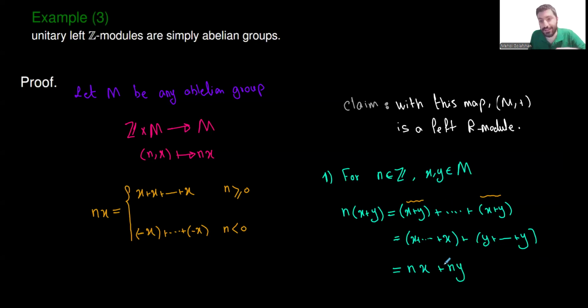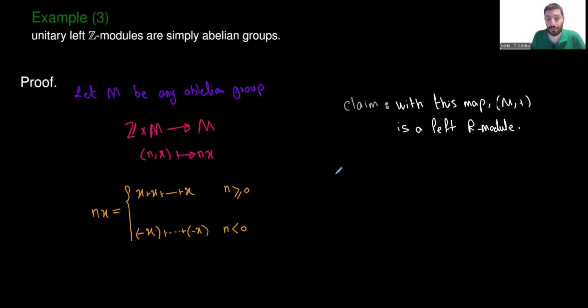Now let me erase and write the second condition. For m and n as integer numbers, and x in the abelian group M, let's look at (m plus n) times x.